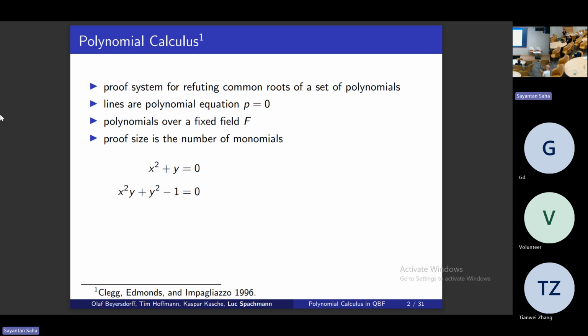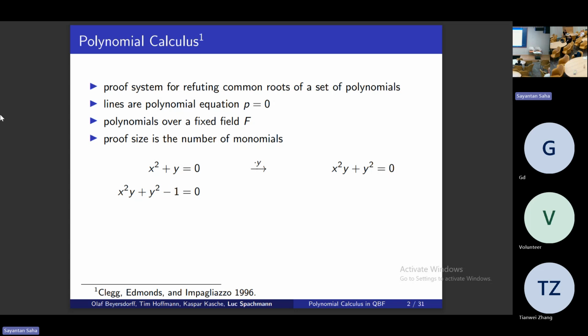And an important point is the proof size is the number of monomials and not the number of lines, compared to some resolution proof or something. Here's a short example. I won't give all the rules of polynomial calculus because they're not really important for this talk. We have two polynomials, and we want to show that they don't have a common root.